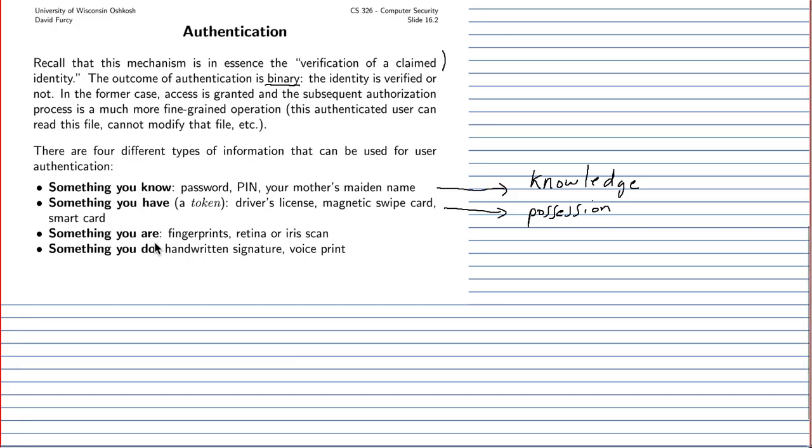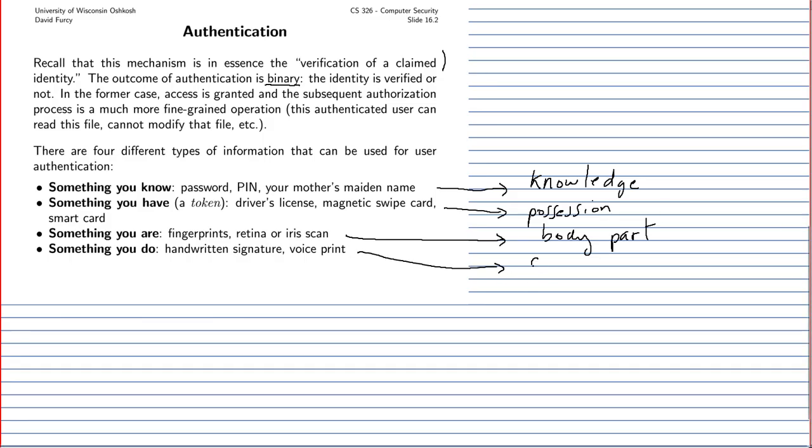Then there is something you are. This is literally, say, a body part, like your fingerprints, your retina scan, your iris scan. This is clearly a way to identify or to authenticate you, as long as you're using something that's unique to each person.